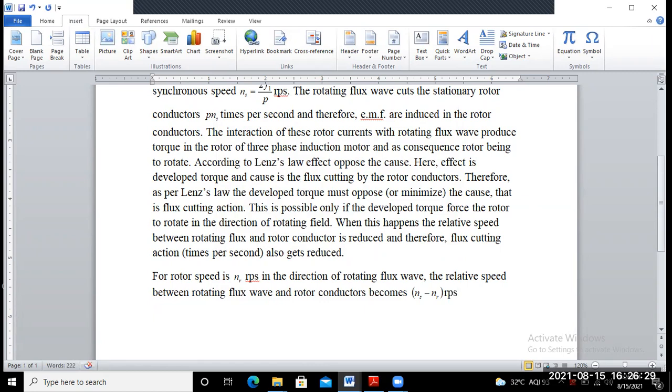Revolution per second, and the flux cutting action reduces.